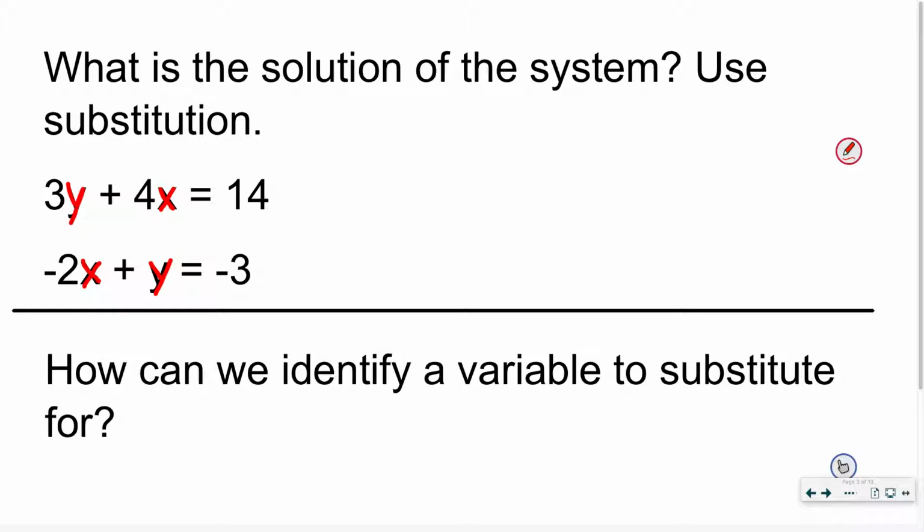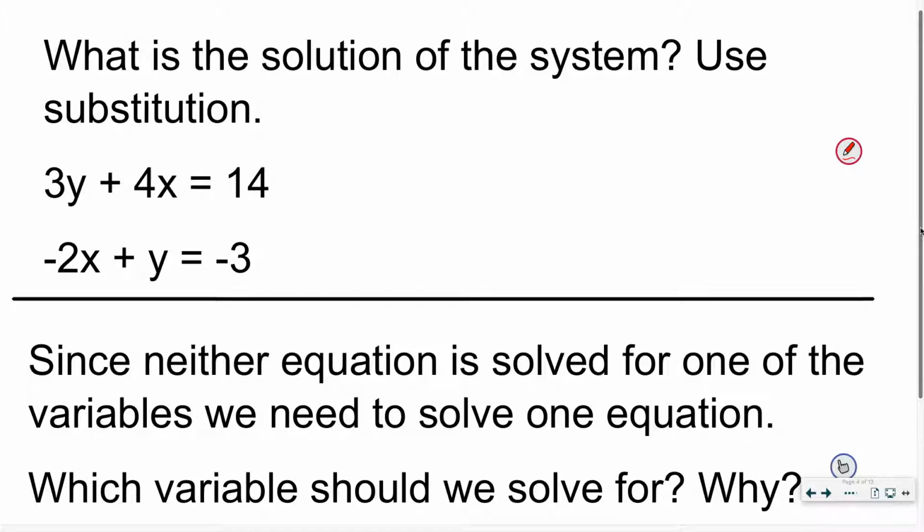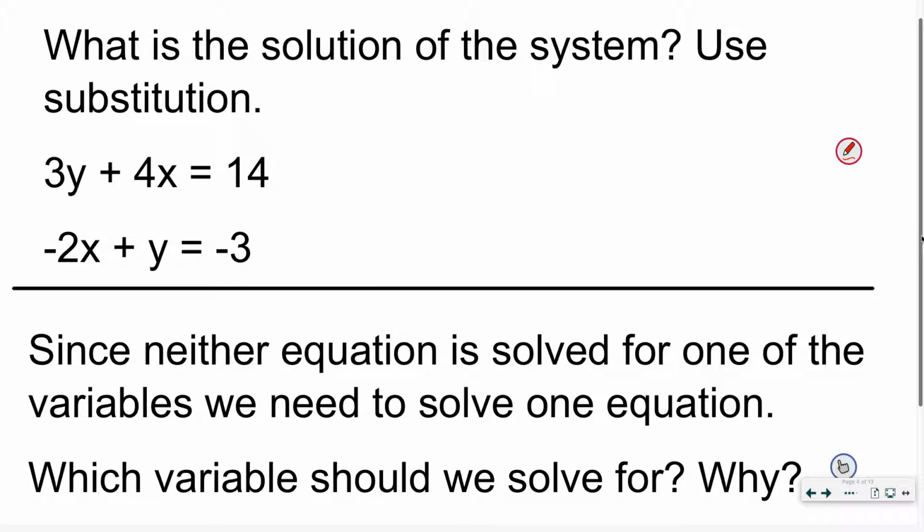Yeah, the y. Which y? The bottom one. What would I have to do to get this y by itself? I can do my inverse operation. So neither equation here is solved for a variable, so we need to do something to find the value of a variable, because I don't know what to substitute yet. I need to find something to substitute.